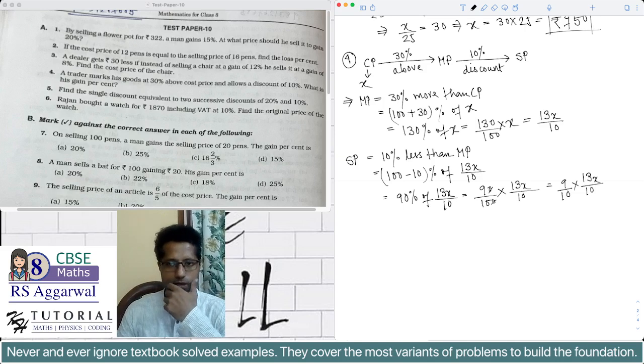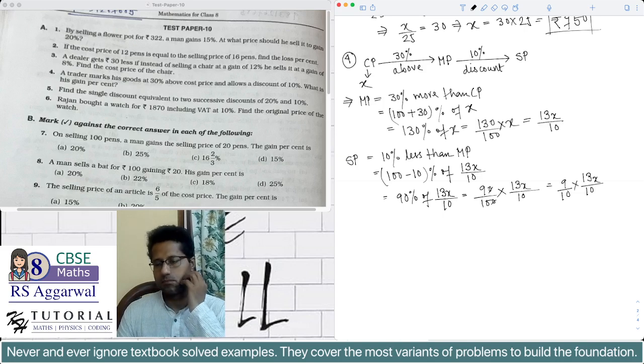So a selling price will be 10% less than mark price, which is equal to 100 minus 10% of 13x by 10, which is equal to 90% of 13x by 10, which is equal to 90 by 100 multiplied by 13x by 10, which is equal to 9 by 10 multiplied by 13x by 10.